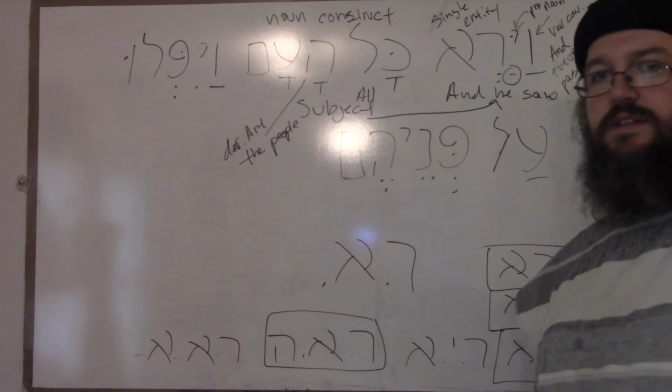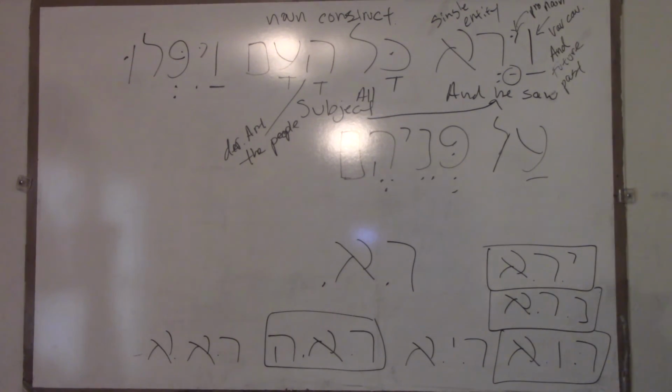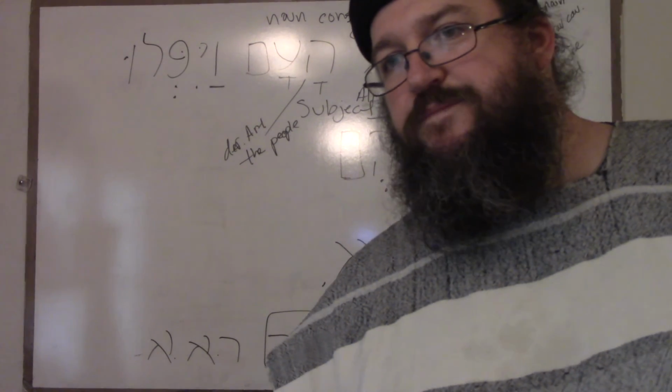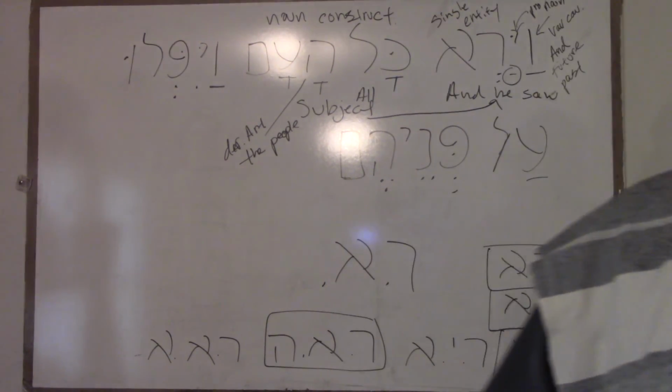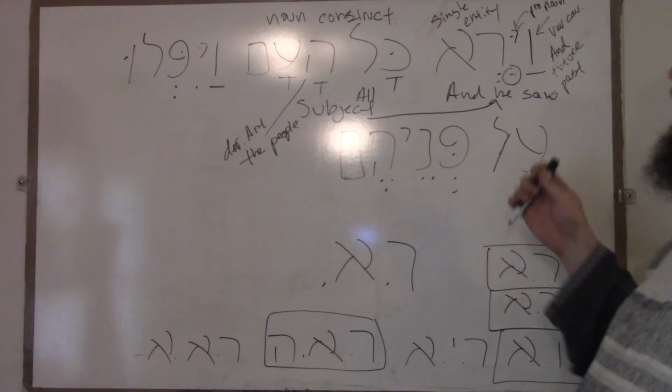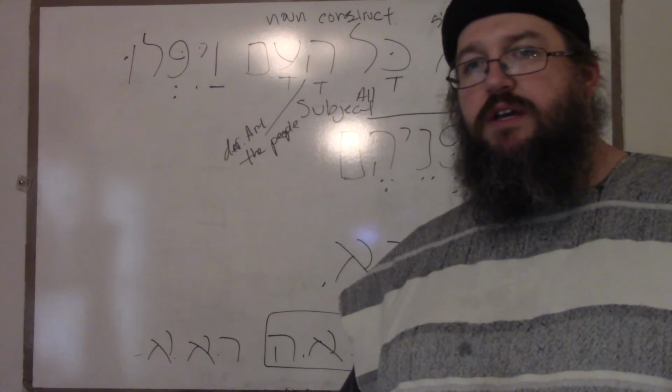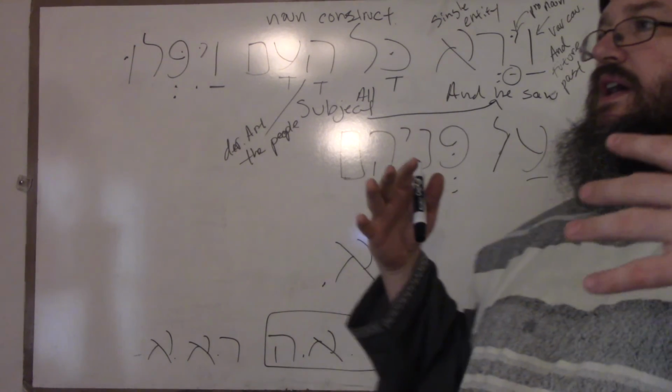So single entity, that's what we're looking at, okay? Because the verb is what's going to define the action, okay? Very important to understand this. The verb is going to define what's going on. It's going to tell you what it is that's happening, okay? So it's making the statement.